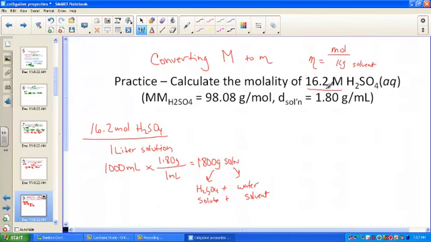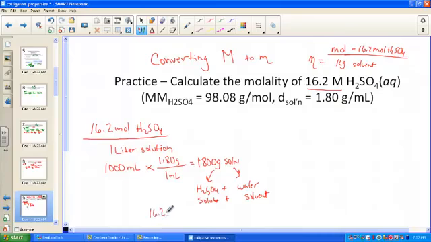When we convert underneath here for the kilogram, we already know the moles. That's the same, 16.2 moles of the aqueous acid. But what about just the mass of the solvent, which is the water in this case? If the total weight of solution is 1,800, we could figure out how many of those total grams are coming from the solute because we know, simply, a little mole map problem.